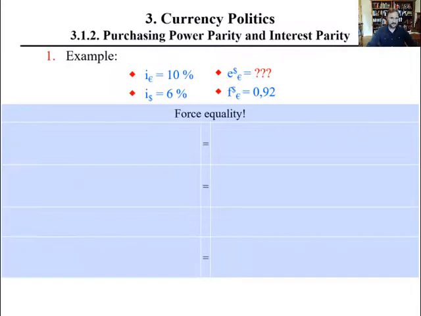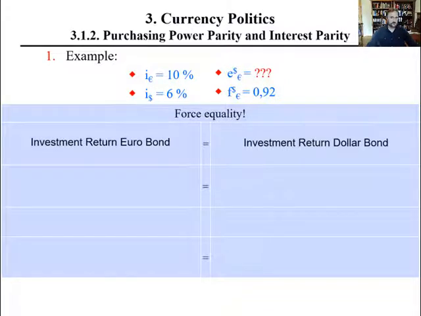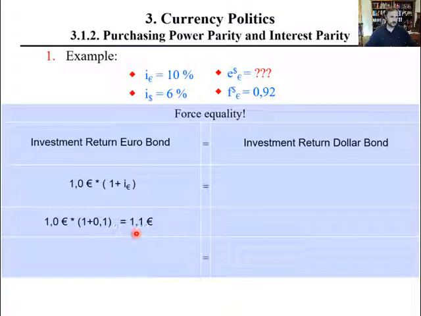So let's apply this. We force now equality of both sides of the equation. So the investment return in a euro bond must equal the investment return in a dollar bond. So on one side of the equation we calculate again the return of a euro investment, fill in the numbers, which gives us the value of this investment, which equals 1.1 euro. On the other side of the equation we calculate the investment return in a dollar bond.